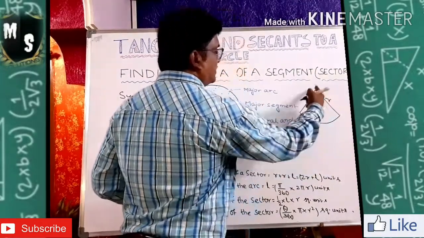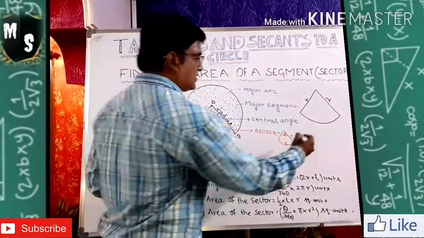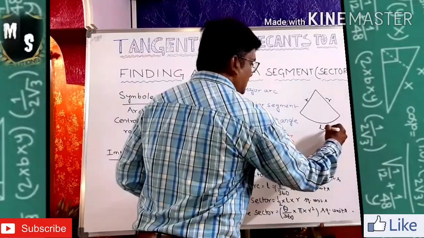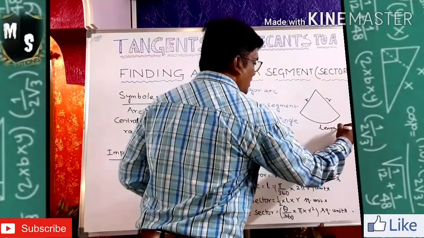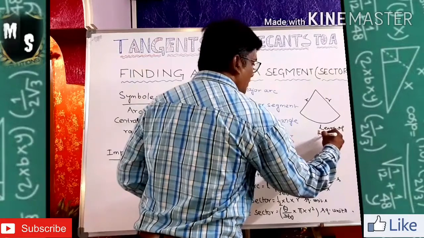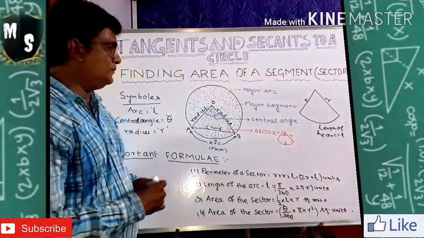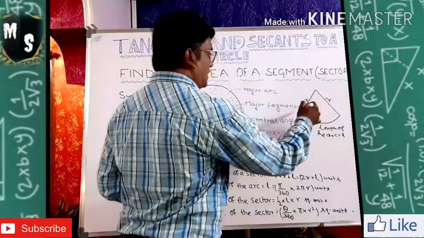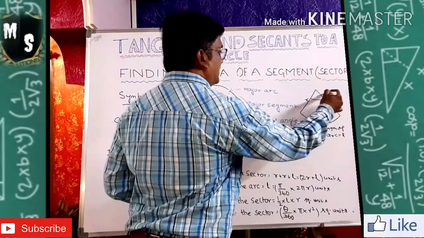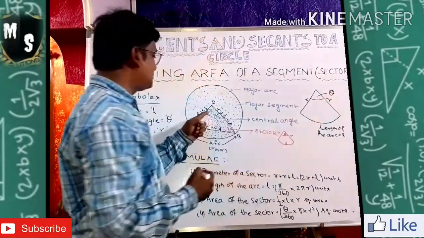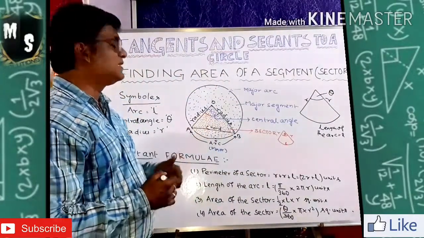Here it is a radius, here it is a radius, and this is called the arc. What is this? Length of the arc, called L. So this is L, and the two radii R create a central angle. In the center, some angle is created. That is called the central angle.